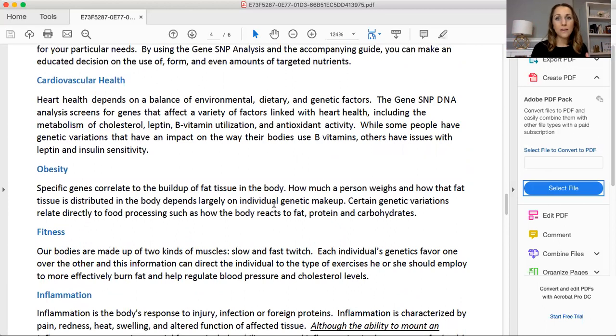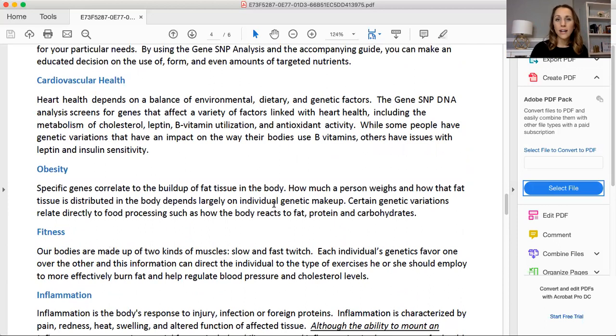You may be in primary care, but your main focus that you're going to use GeneSNP DNA analysis for is patients who are having a really hard time with just the old adage of, eat less and move more. You want to be able to serve patients in a way that goes beyond just the regular scope of obesity, but you really want to put this into a more comprehensive weight management program.